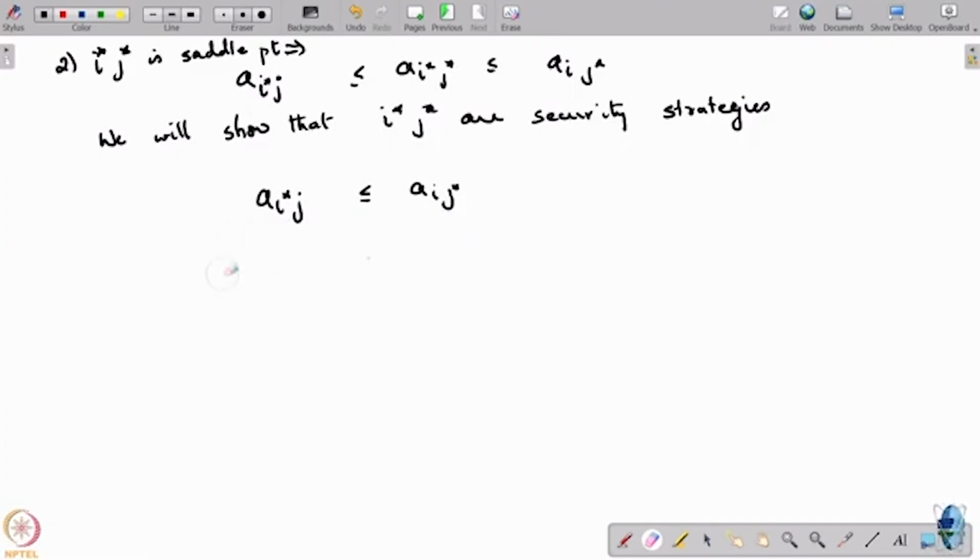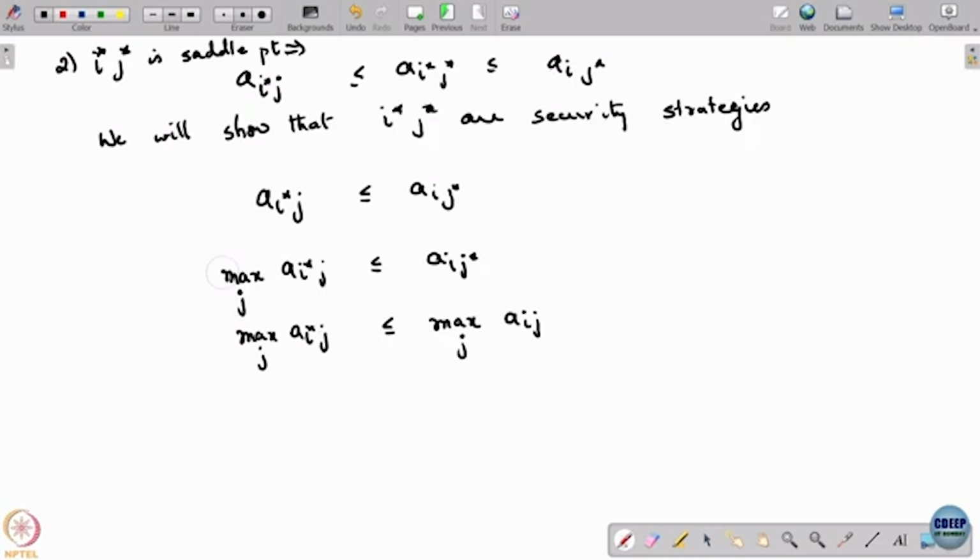So, I can say that max over j of a_{i star j} is less than or equal to a_{i j star}. But a_{i j star} is itself less than or equal to max over j of a_{ij}. And so, you get that max over j of a_{i star j} is less than or equal to max over j of a_{ij}, which means that i star is a security strategy.